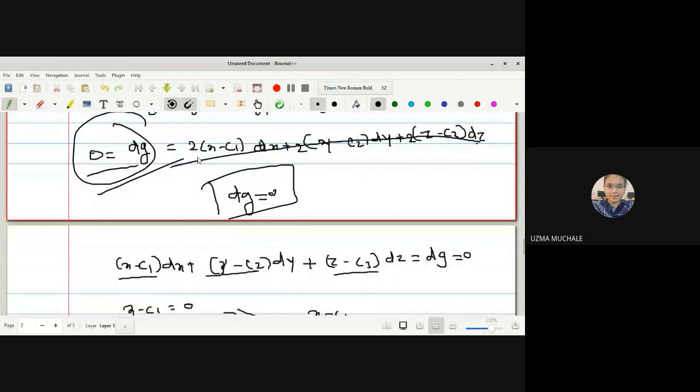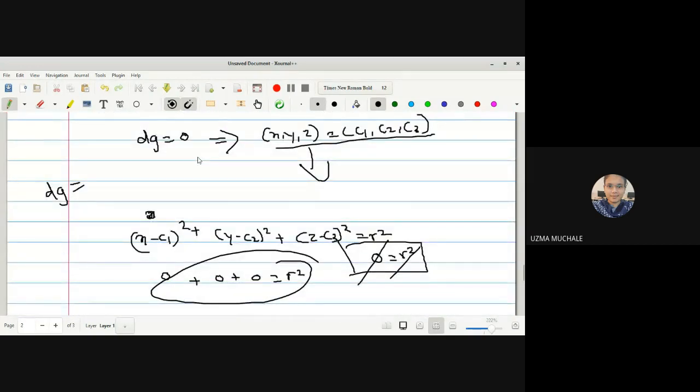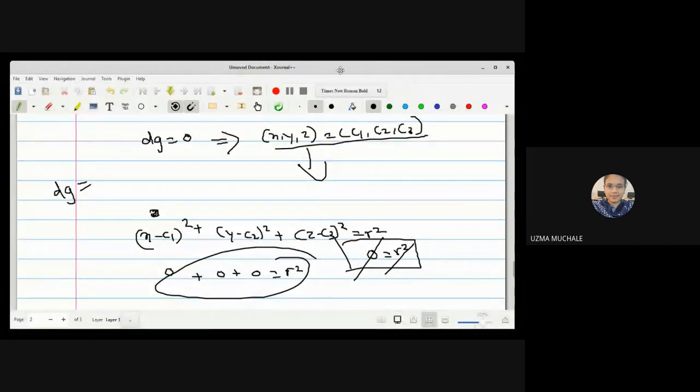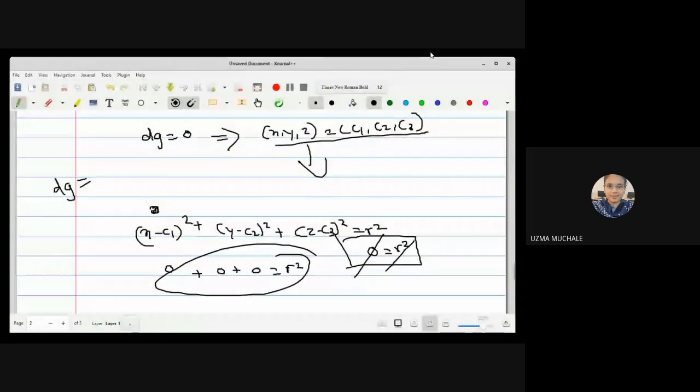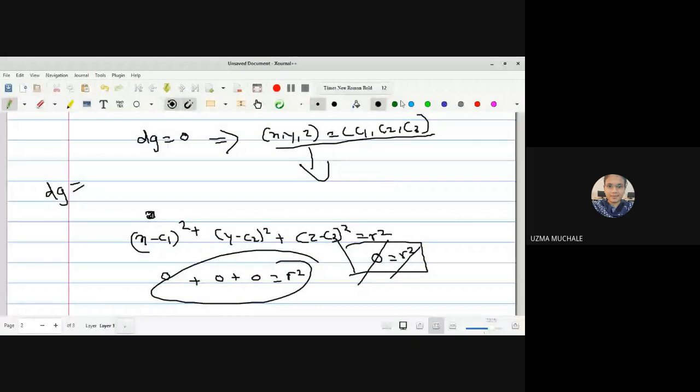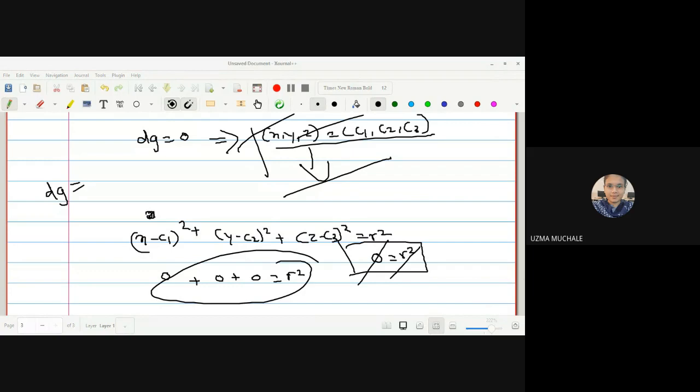It becomes 0 when all the coefficients of dx, dy, dz are 0 simultaneously. Then check whether those corresponding points belong to your given object M. If it belongs to the given object M, then you can say that this is not a surface. But here it is not a point on the surface, it is the center of the sphere, and hence you can say that it is an example of a surface. Is it clear to everyone?